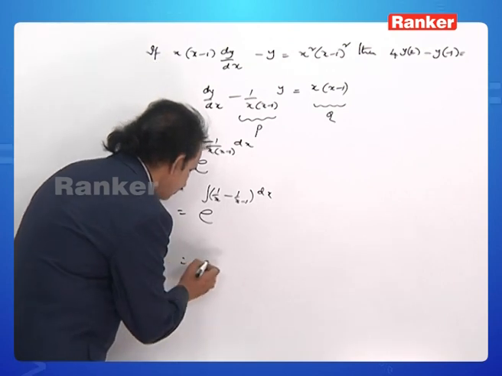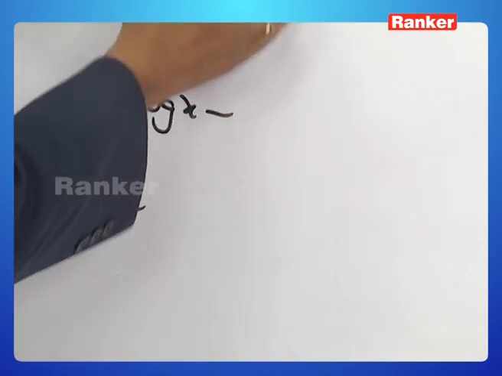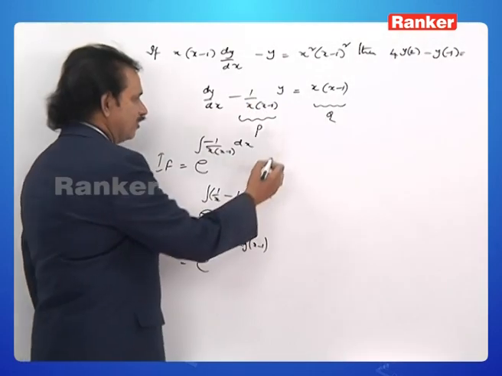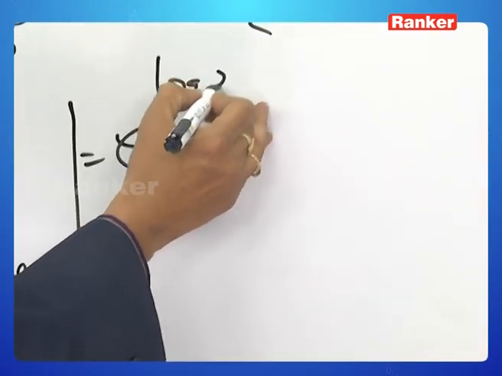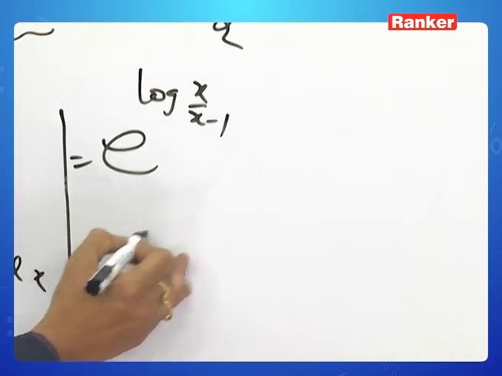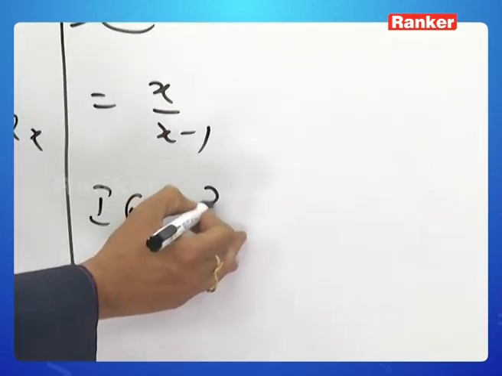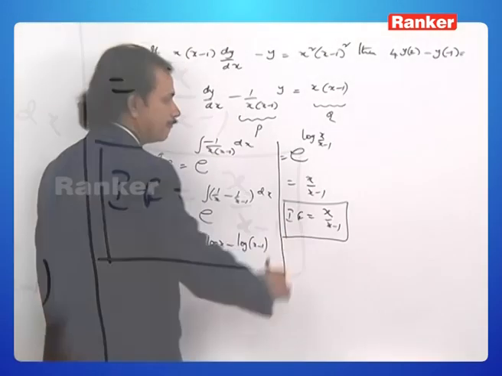Now its answer is e to the power log x minus log (x−1), for 1/x it is log x, for 1/(x−1) it is log (x−1). Therefore it is e to the power log of x/(x−1), which is nothing but x/(x−1). We have got the IF as x/(x−1).